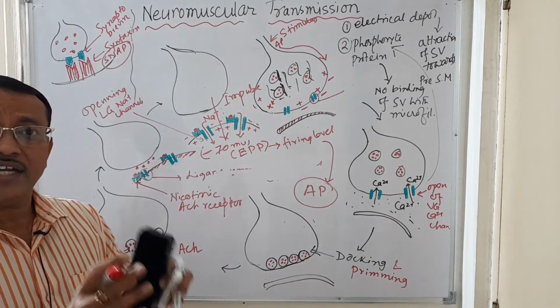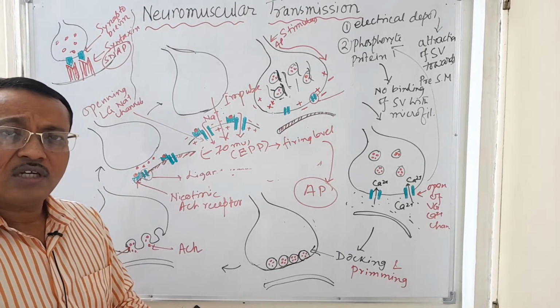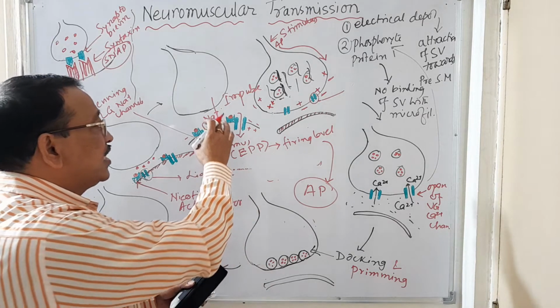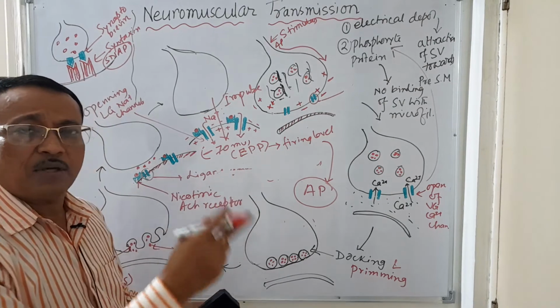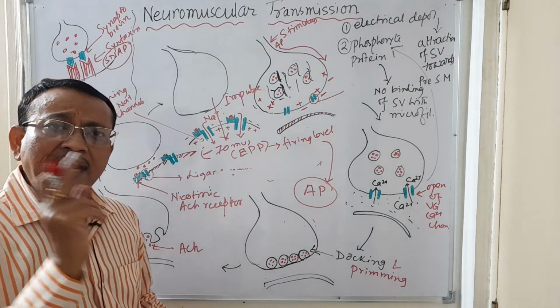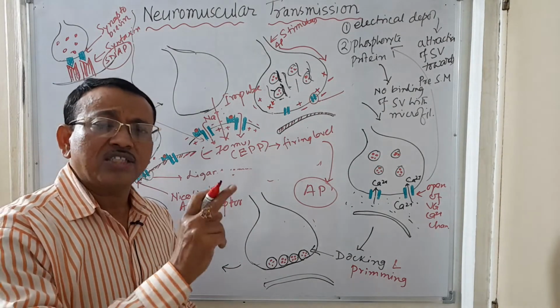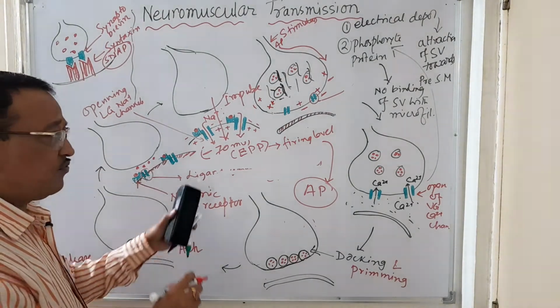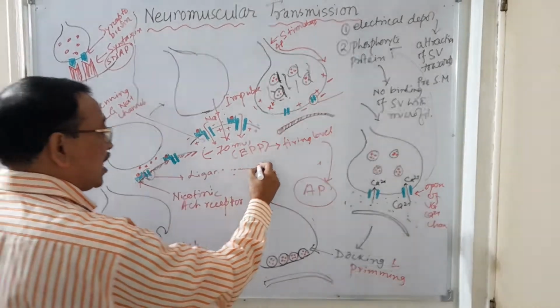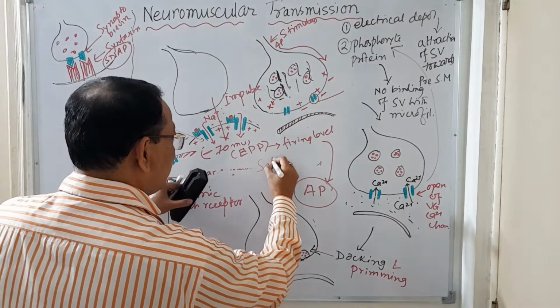So to avoid any failure to generate the action potential on the muscle, to depolarize the muscle, around 10 times release of acetylcholine takes place, and that factor is known as the safety factor 10.